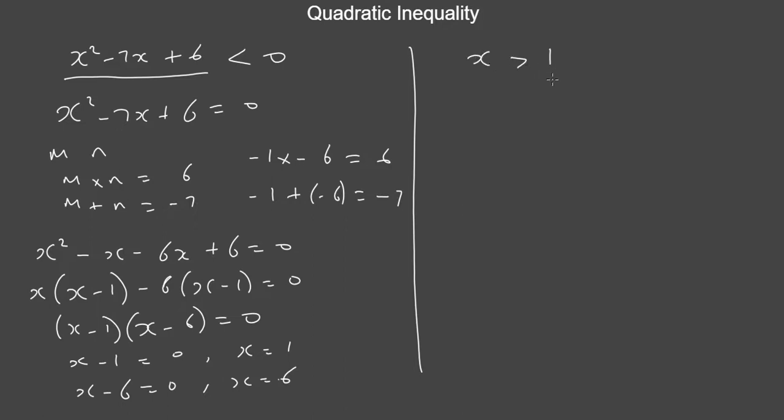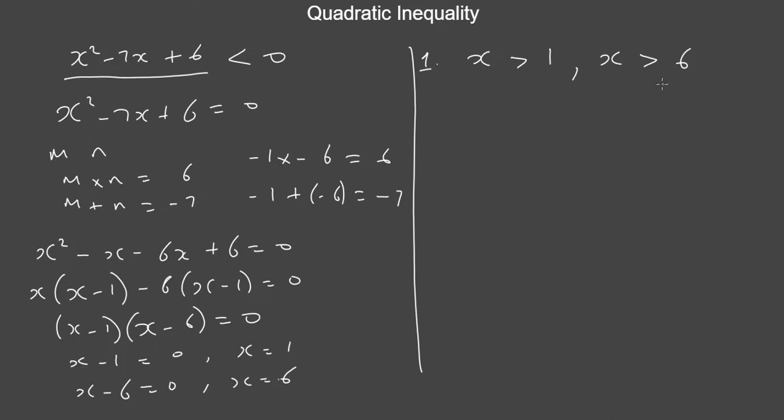So it's either you have, this is a possible answer, x greater than 1 and x greater than 6. So you just take this 1 and 6. Another possible answer is that x is greater than 1, but x is less than 6. So you just flip this to be less than.